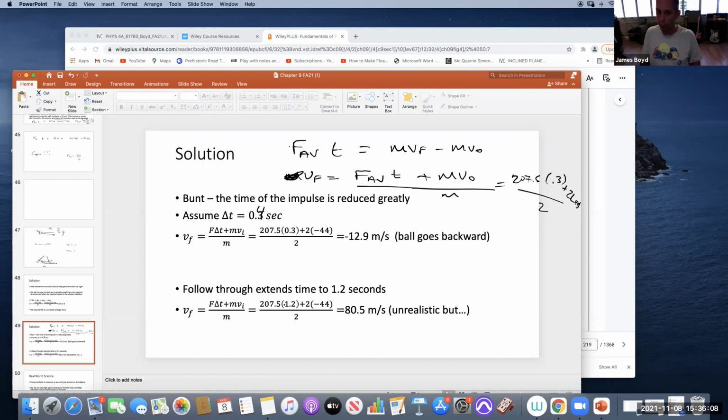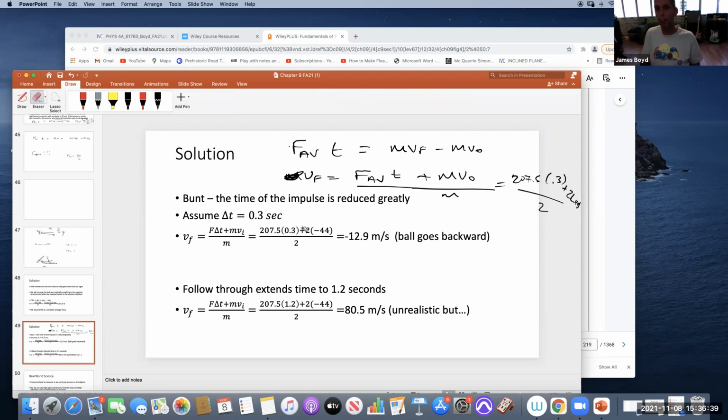207.5 times 1.2 plus 2 times minus 44 over 2, we get 80.5. Why that's unrealistic? That's like 170 miles per hour. Baseballs go about 90 miles per hour, 100 and something if a pitcher hits it. I don't think they travel that fast off of that. But you can see here, reducing the time of impulse, you'll actually get a smaller change of momentum, okay?